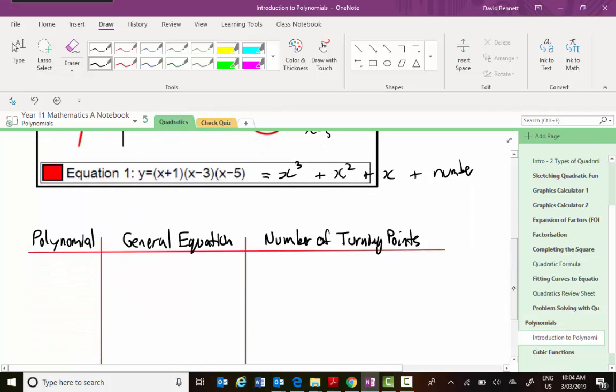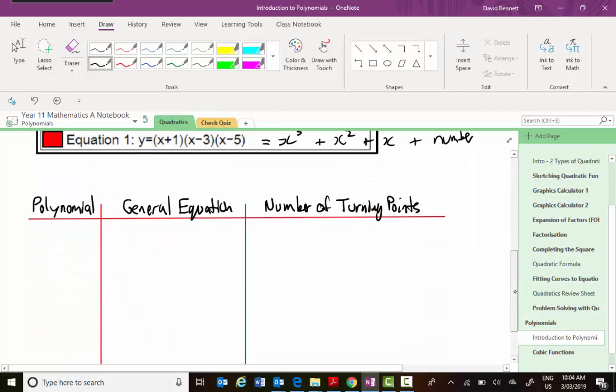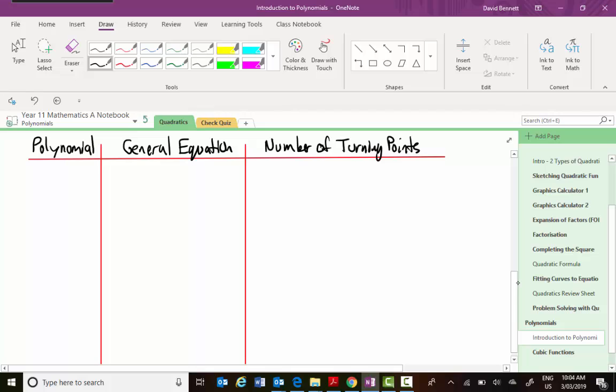Now I want to start by looking at some general stuff. A polynomial can be anything. Our first polynomial is a linear polynomial, in the general equation y equals ax plus b, or we call it mx plus c. The number of turning points for that is 0.